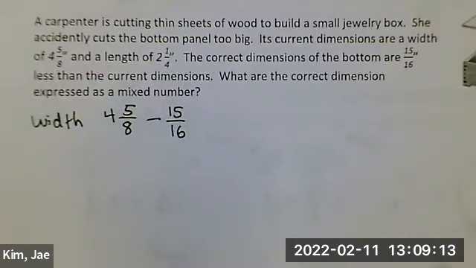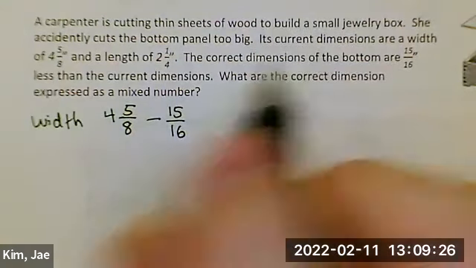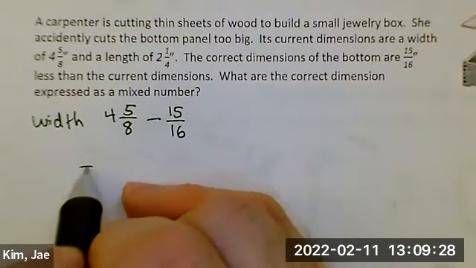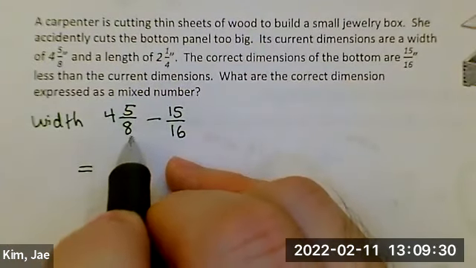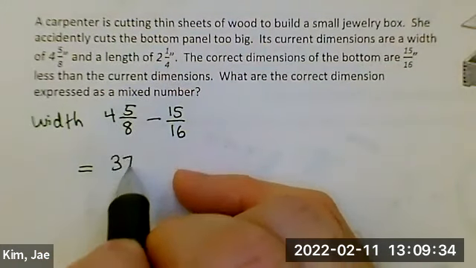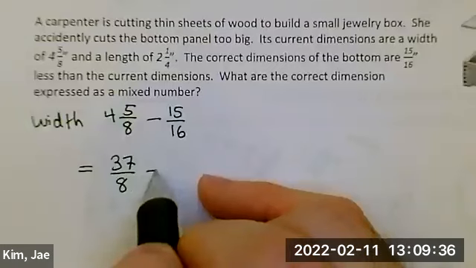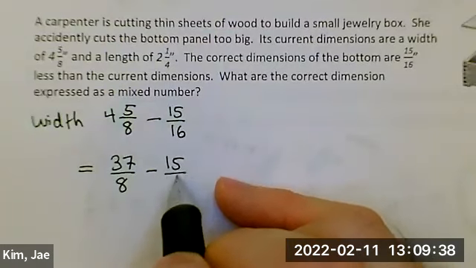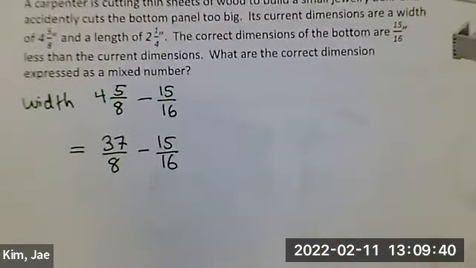So what I'm going to do is turn them into improper fractions, and then try to solve it out. You can do length on your own. I'm going to try to do this with you. 4 times 8 is 32 pieces. Adding on the 5, it's 37 pieces out of the 8. And I have 15 pieces out of 16 subtracting.